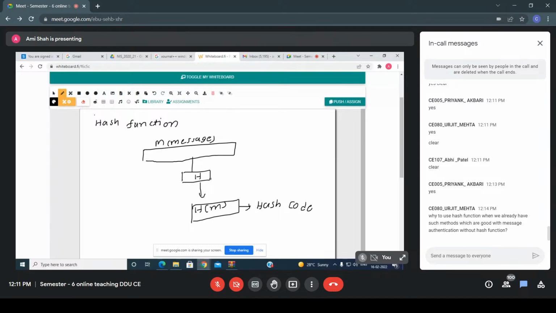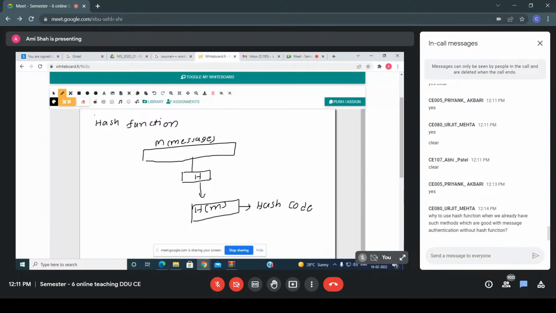Right now we have to remember that hash functions like SHA512 and MD5 exist. The function takes the variable length message as input, and after applying the hash function you get a fixed size digest, known as a hash code.